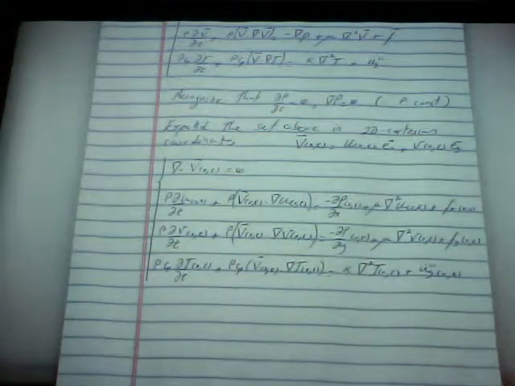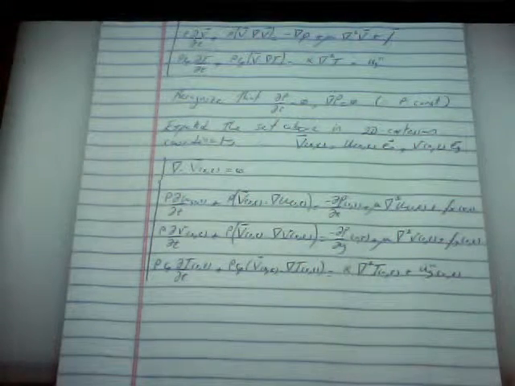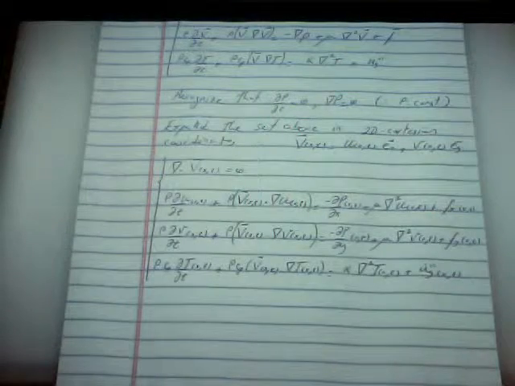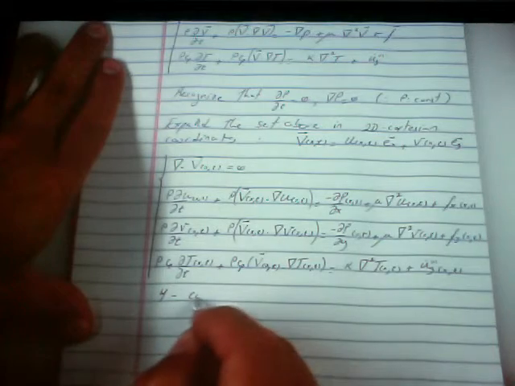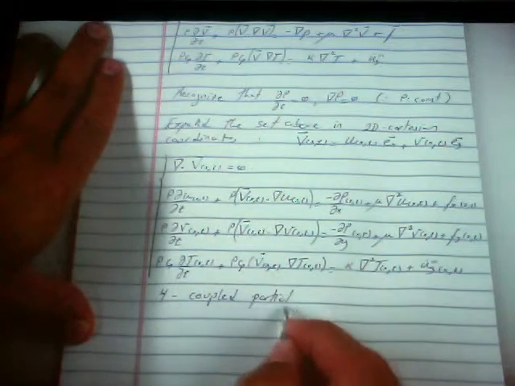There's a new set of equations. So we have 4 equations. These are 4 coupled partial differential equations.